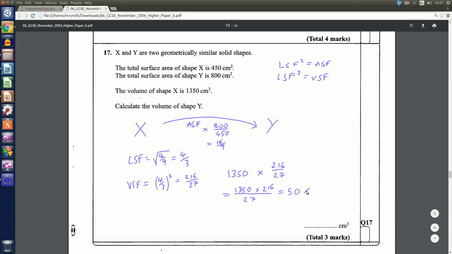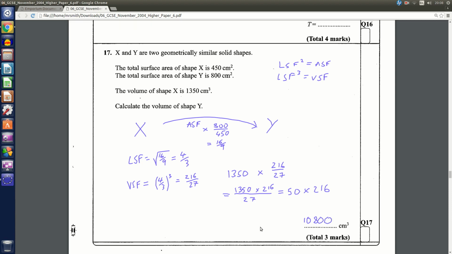So you can do just 50 times 216. We can think of that as 100 times 216 and halve it, and therefore we get the answer 10,800 centimetres cubed, and it's done.